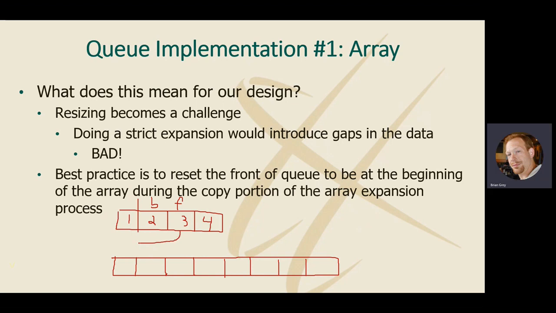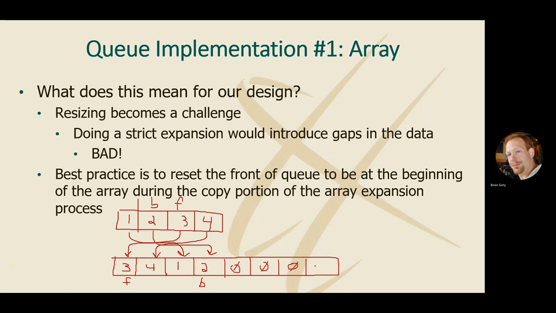So we're going to take our 3, we're going to put it here. And then we're going to take our 4, we're going to put it here. We'll take our 1, we're going to put it here. Take our 2, and we'll put it here. And now this becomes front, and this becomes back. And all of these are nulls, and now we have space again.